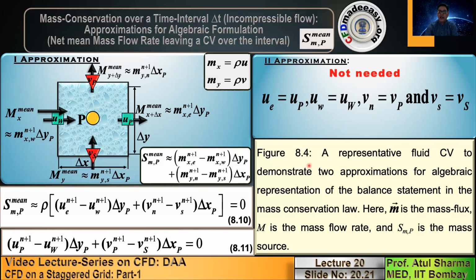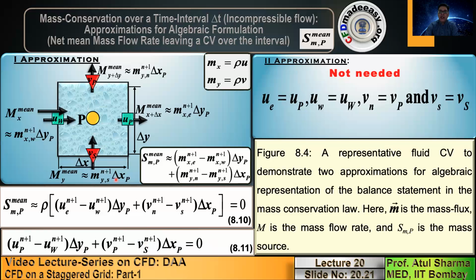Because note that in a uniform grid only, the U_P cancels out and you get velocities of alternate grid points as well as pressures at alternate grid points. So in a uniform grid, I can show very clearly the algebraic formulations and discuss the pressure velocity decoupling. However, that is also applicable for a non-uniform grid. However, it is less clear. So that's why I have presented the pressure velocity decoupling for a uniform Cartesian grid.